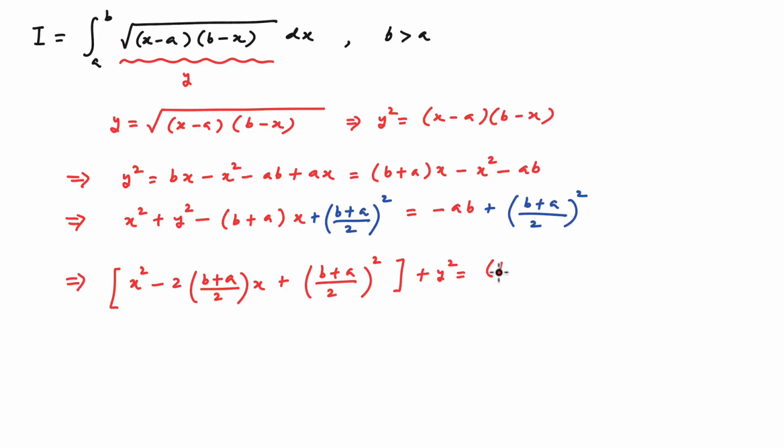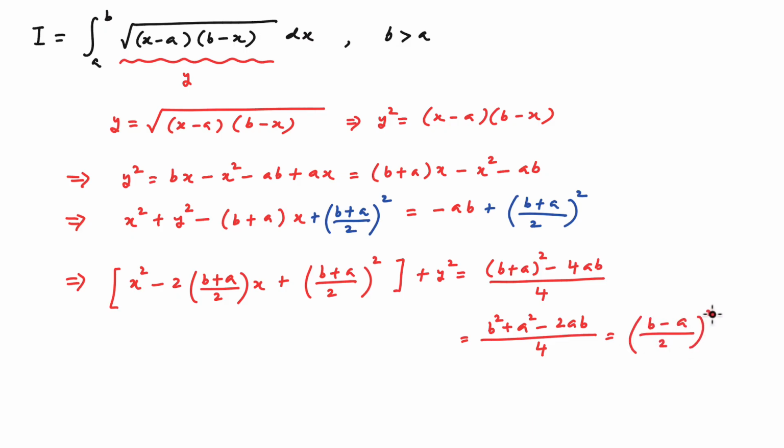And on the right hand side, we get ((b plus a) whole squared minus 4ab) divided by 4, which can be written as (b squared plus a squared minus 2ab) upon 4, which is equal to ((b minus a) upon 2) whole squared.